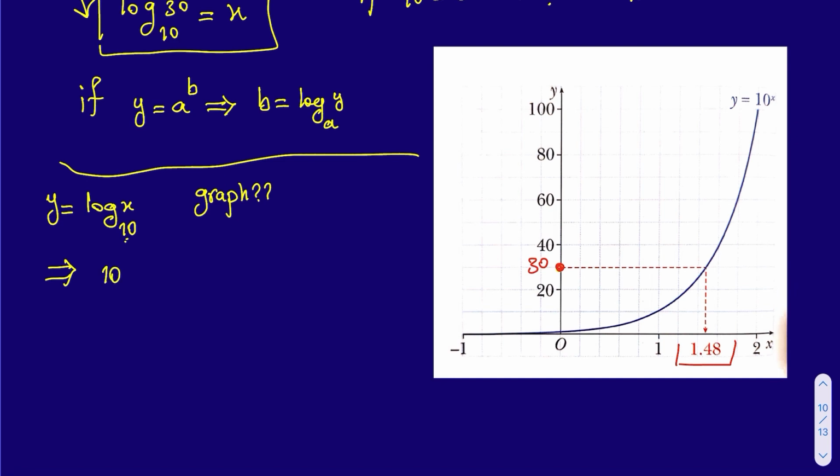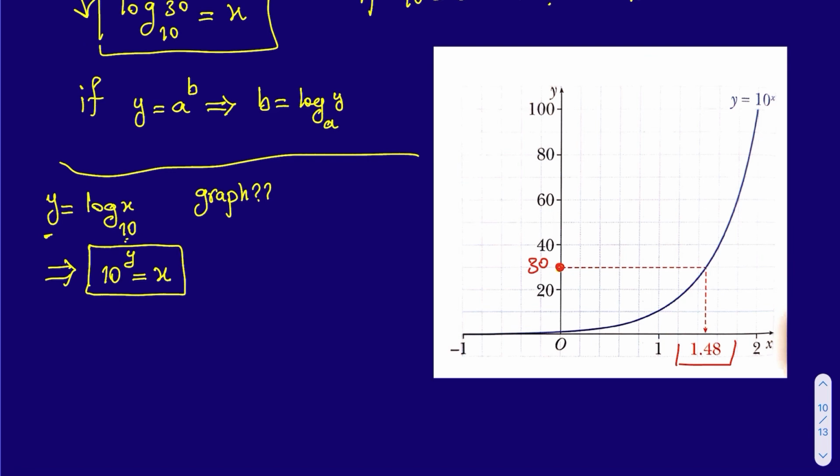And the number which appears on the other side of the equation, which is y here, will be the power, and it will be equal to the number which is in front of the log or logarithm, and that is x. Okay, so then this is the exponential form of the function above.